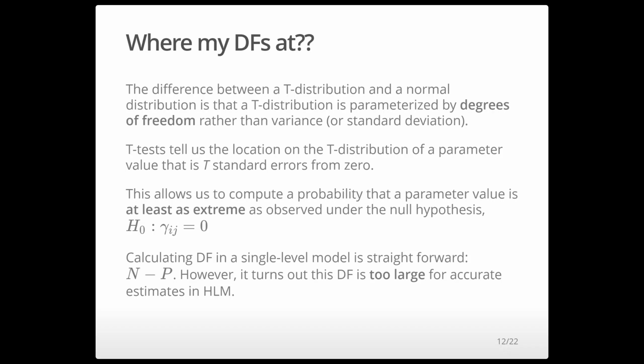And this is straightforward to do in a single level model, where we can calculate degrees of freedom simply by taking the number of observations and subtracting the number of parameters. But it turns out this degrees of freedom is too large for appropriate estimates, or more precisely, appropriate type 1 error rates in HLM. We'll get inflated type 1 error rates if we use these degrees of freedom.